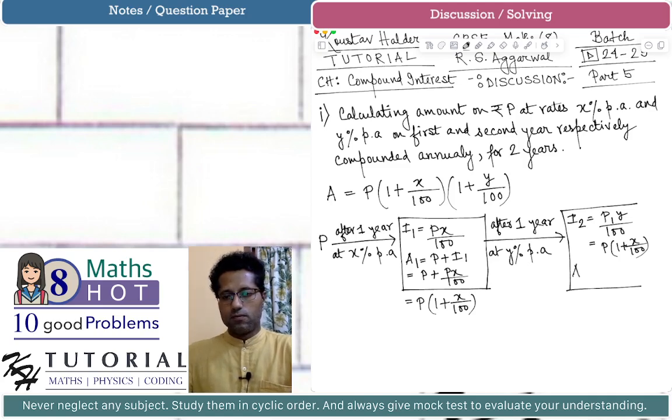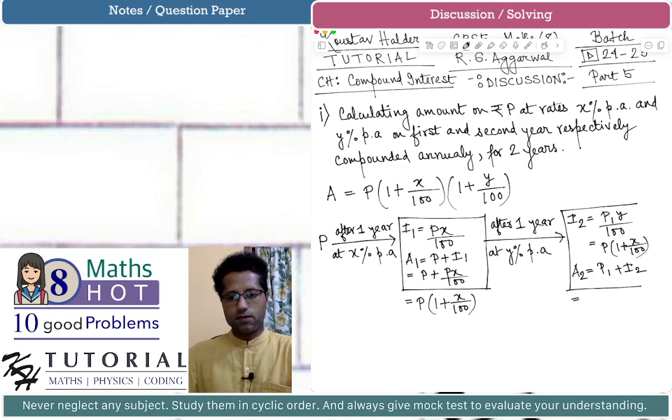So A2, the amount at the end of the second year, will be equal to P1 plus I2. What is P1?